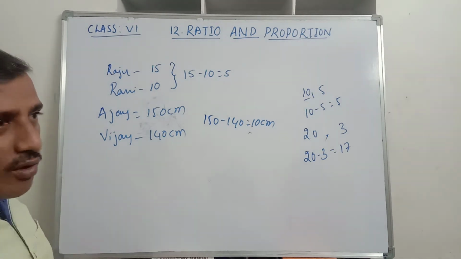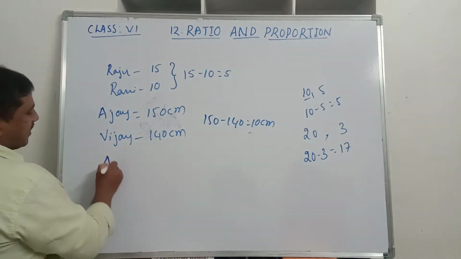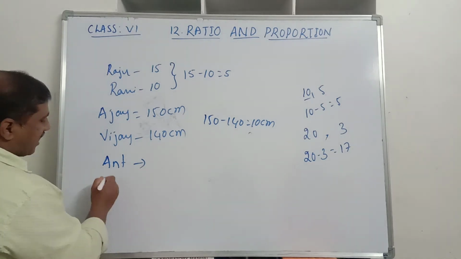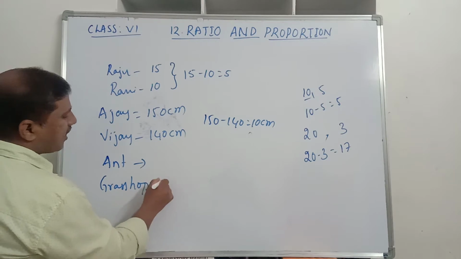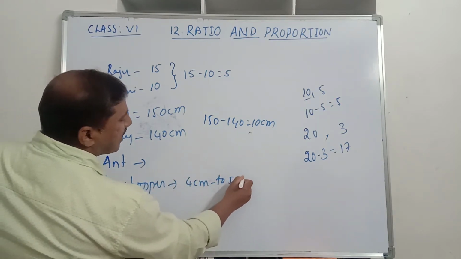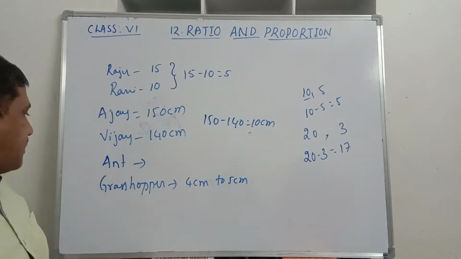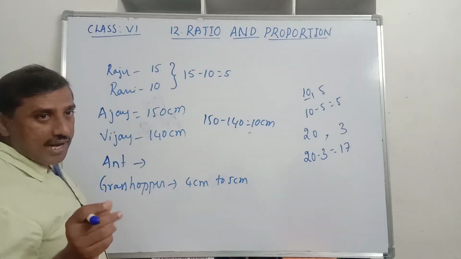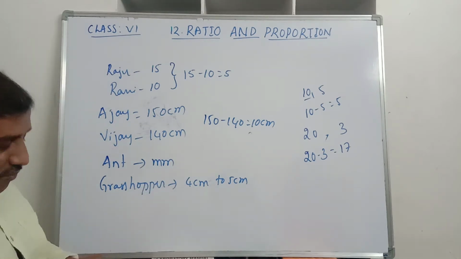Now let us see one more example. See the length of an ant. Compare the length of an ant with a grasshopper. The length of the grasshopper is about 4 to 5 centimeters. The length of a small ant will be in millimeters, very small.